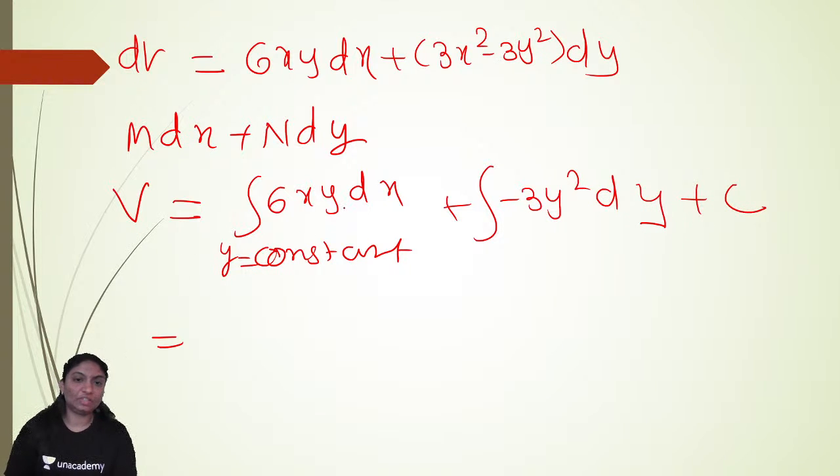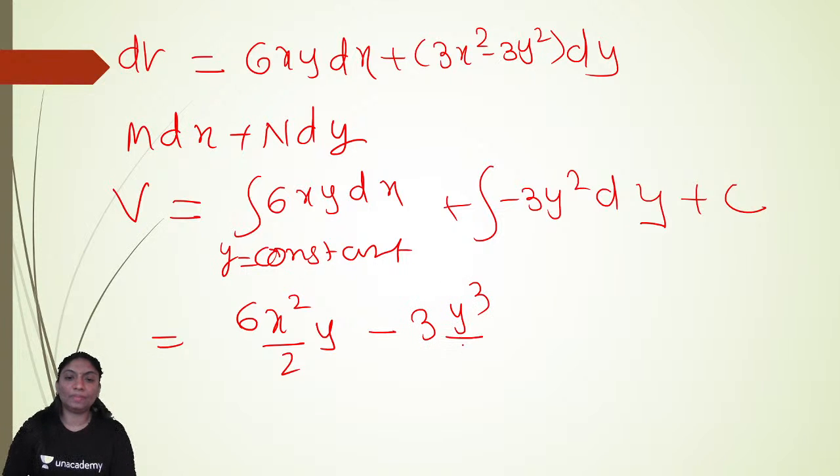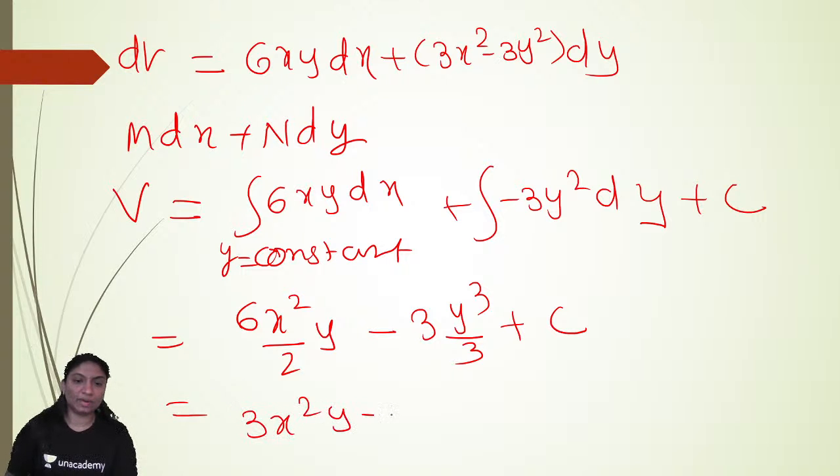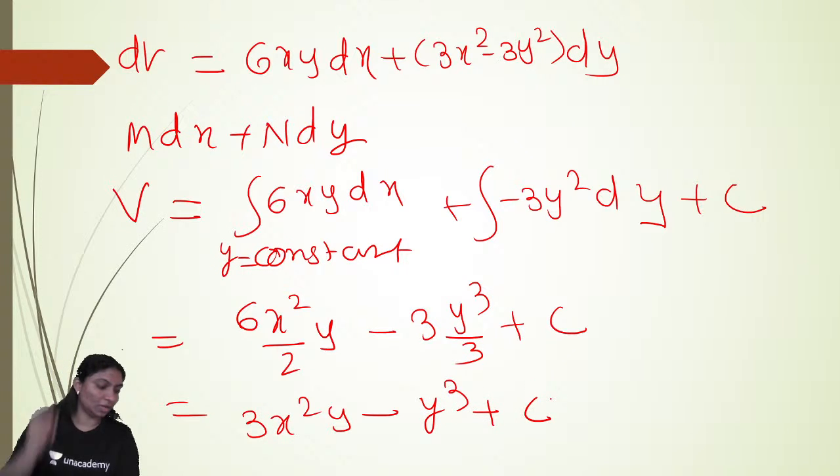The integration with respect to x will be 6x² by 2 y, minus 3 into y³ by 3 plus c. So this will be 3x²y minus y³ plus c. Okay, 3x²y minus y³ plus c.